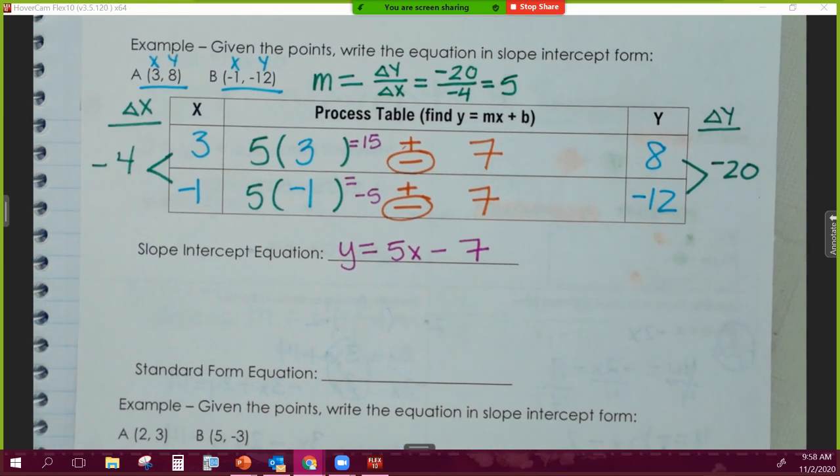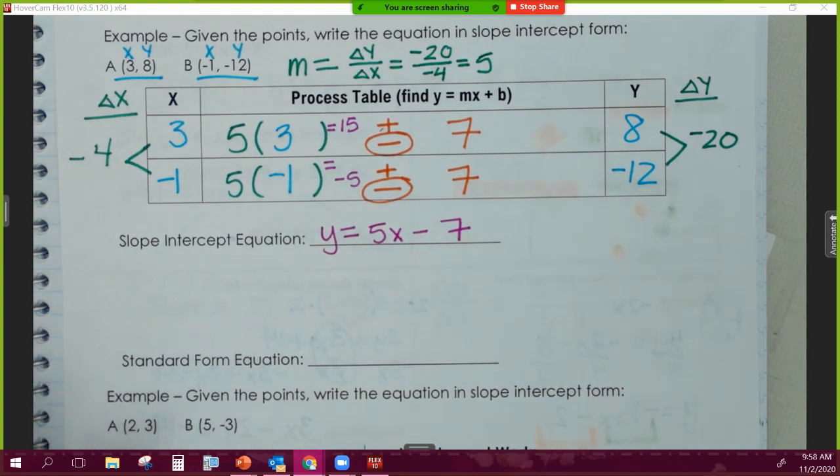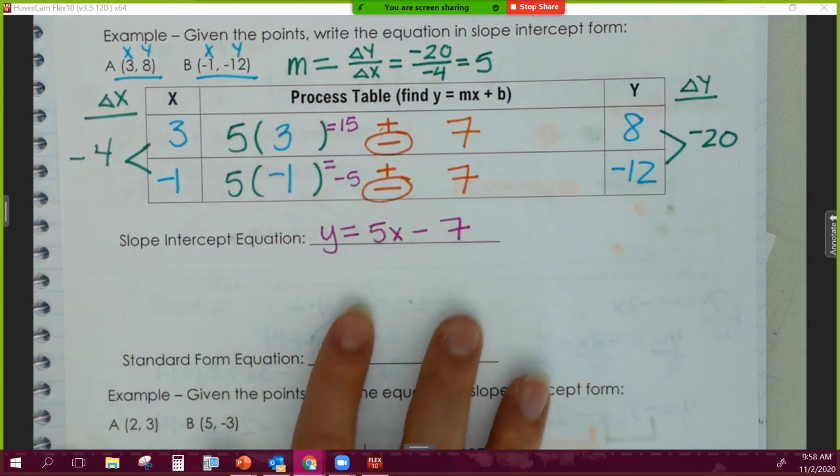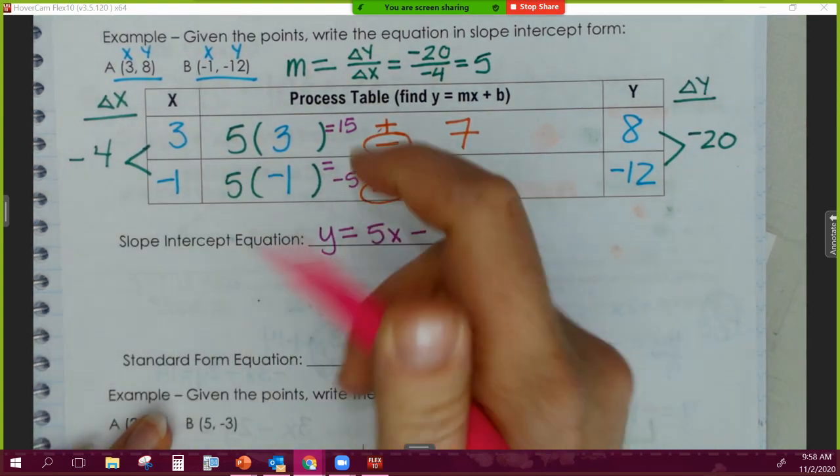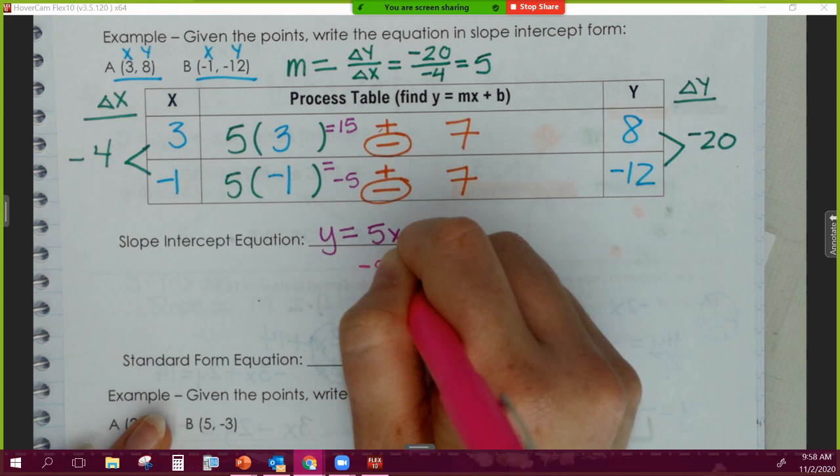All right, and then if it asks for standard form, we just take this and convert it to standard. To convert, all I need to do is get my x term to the other side. So I would subtract 5x here and here.